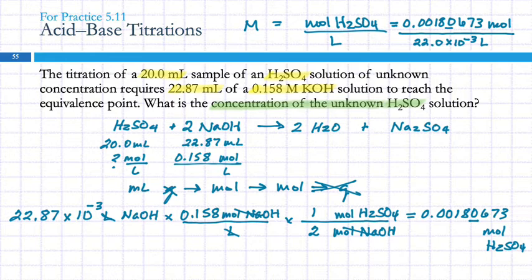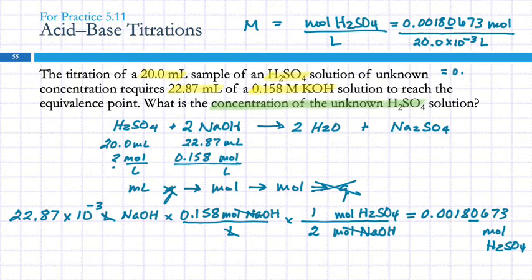So now I've got that number that's in my calculator, and I'm going to divide by 22 EE negative 3, and that's going to give... Would it be 20? Yes, it would. Thank you. I don't know where 22 came from. I must be having some daydream or something. Thank you. It's 20.